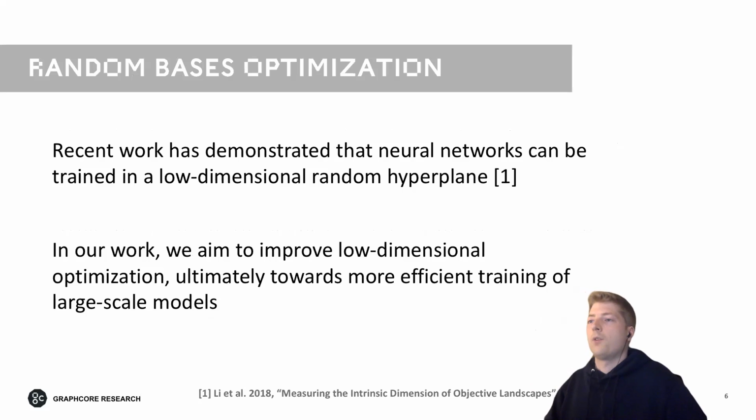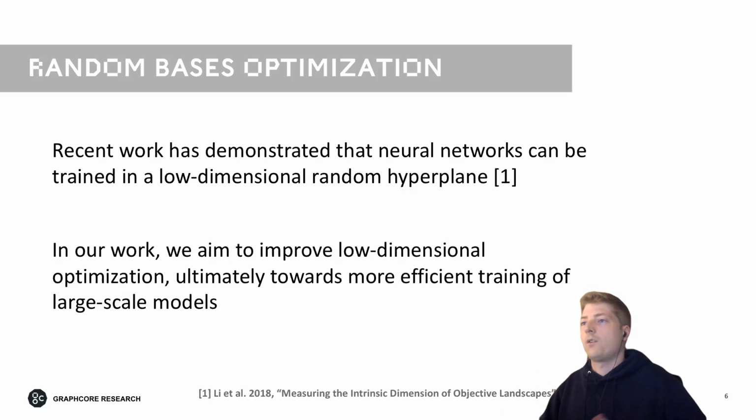And one of the starting points of our work was this ICLR paper measuring the intrinsic dimensionality of neural networks, which had a very simple approach of restricting and downsizing the available optimization space by projecting it into a random subspace.